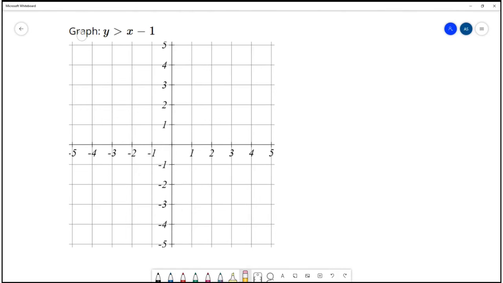On this example, we want to graph y is greater than x minus 1. This is an inequality because it's a greater than in two variables, x and y. We're going to graph our solution set on our coordinate plane.